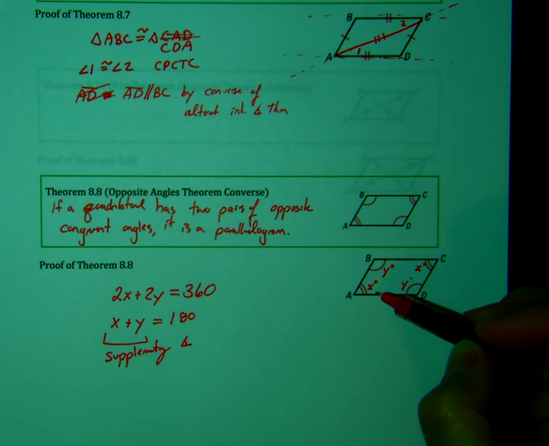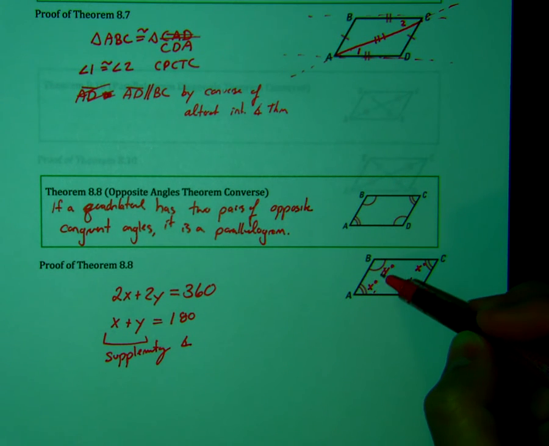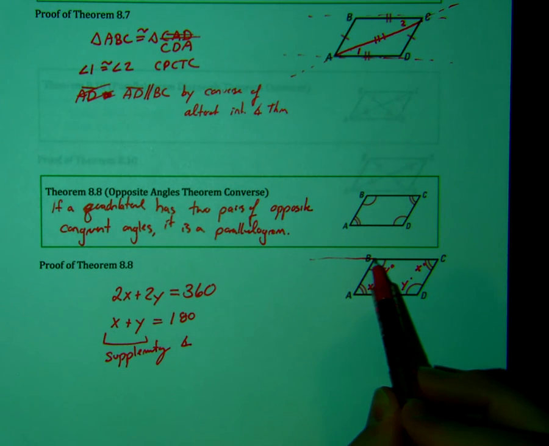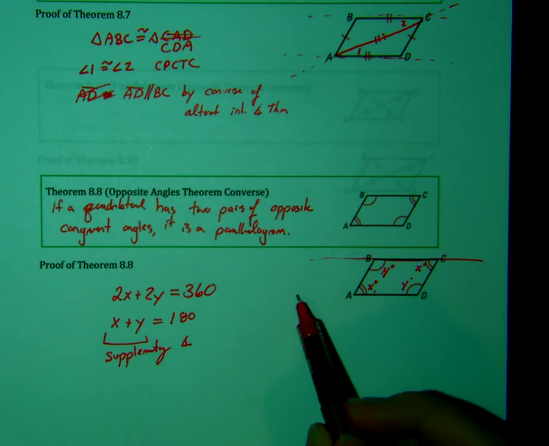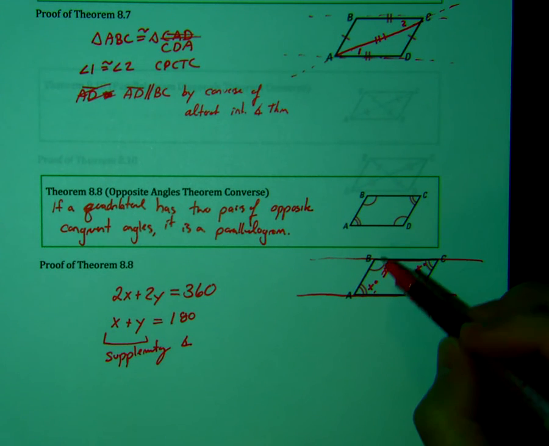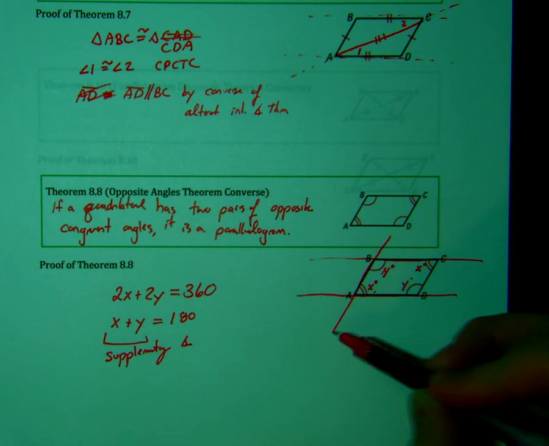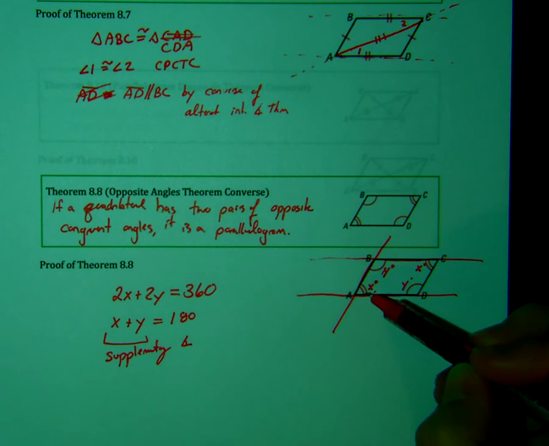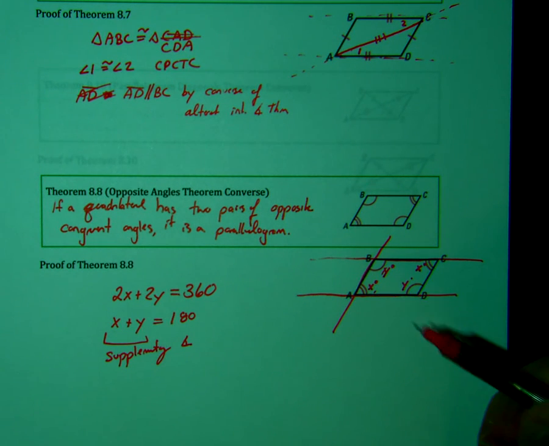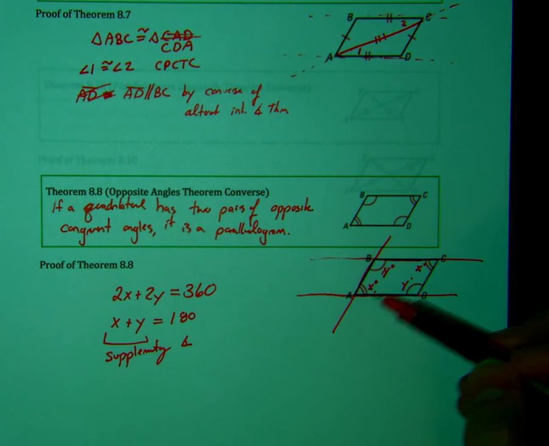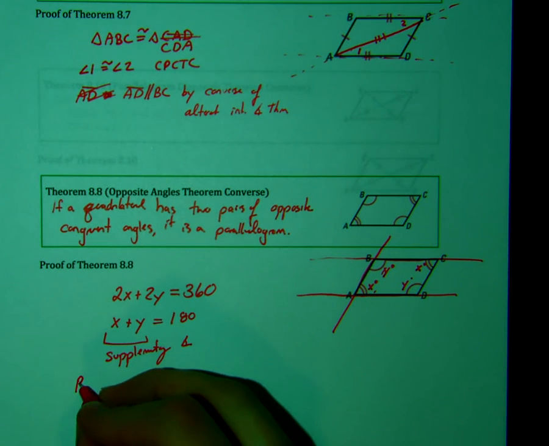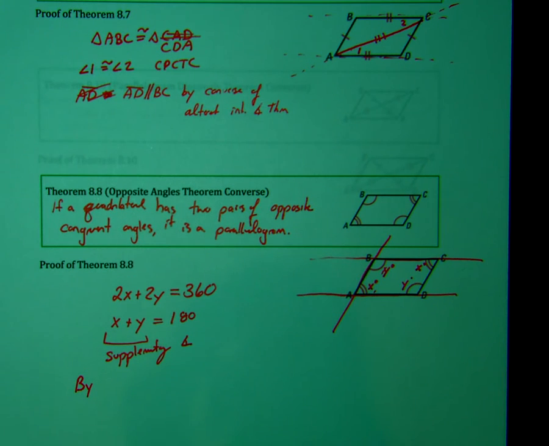So if we look here at these consecutive interior angles, if I were to extend these lines again and looked at AB as my transversal, we have consecutive interior angles. When we have two lines cut by a transversal, we have consecutive interior angles that are supplementary, and that is one of our parallel lines theorems.